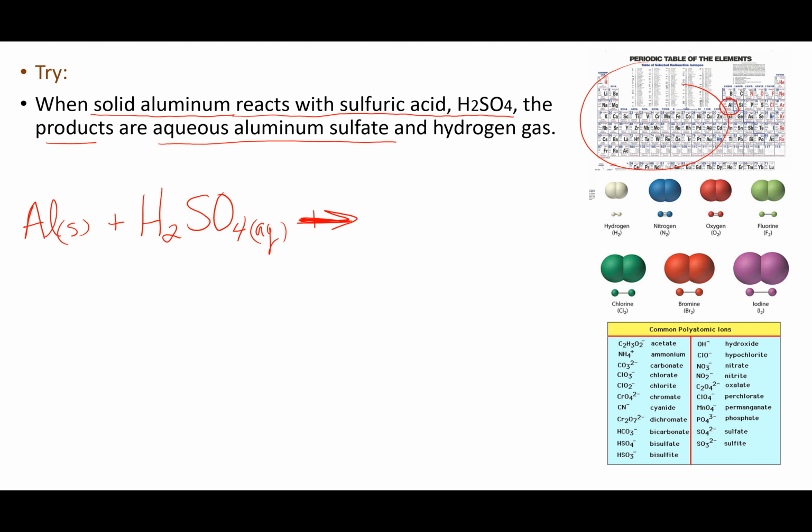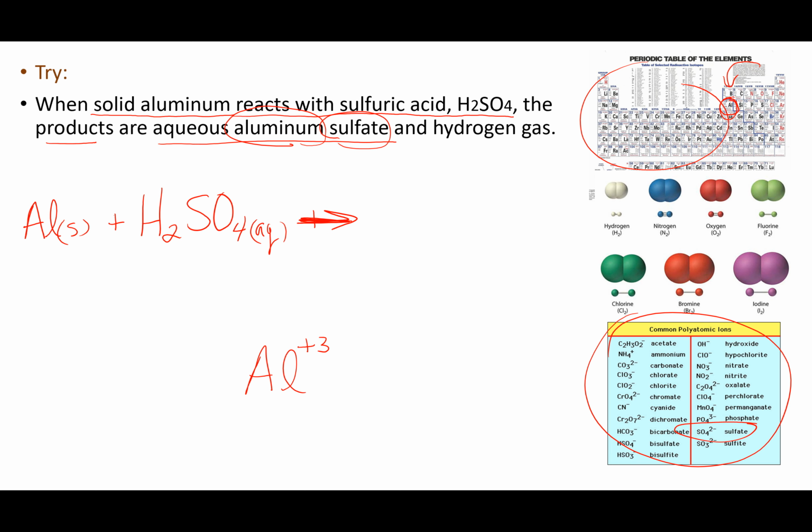Aqueous aluminum sulfate. Aluminum sulfate, I don't know that one, so I'm going to have to bond to make that happen. But this is a metal, and big hint, look, there's the chart of polyatomic ions. So aluminum is group 13, and if you look closely at that on your periodic table, it has a most common ion of +3.